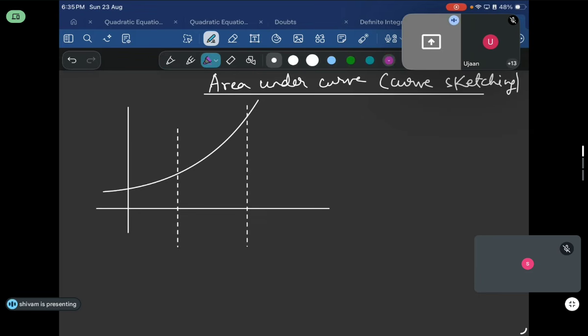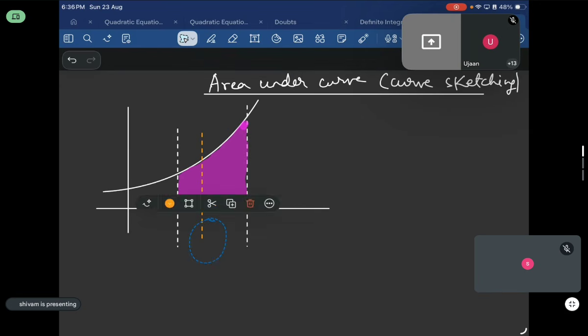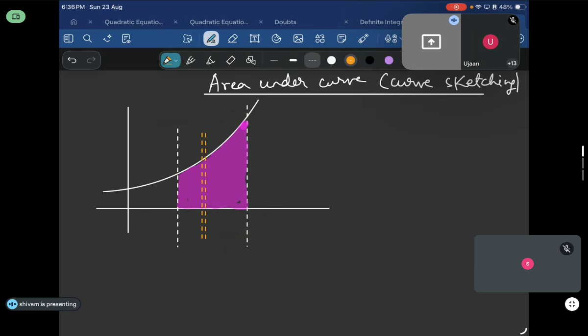So if you take the vertical strip, this vertical strip is actually the difference of x, dx. Okay, this is y equal to f of x. Vertical strip is dx. So area under curve.